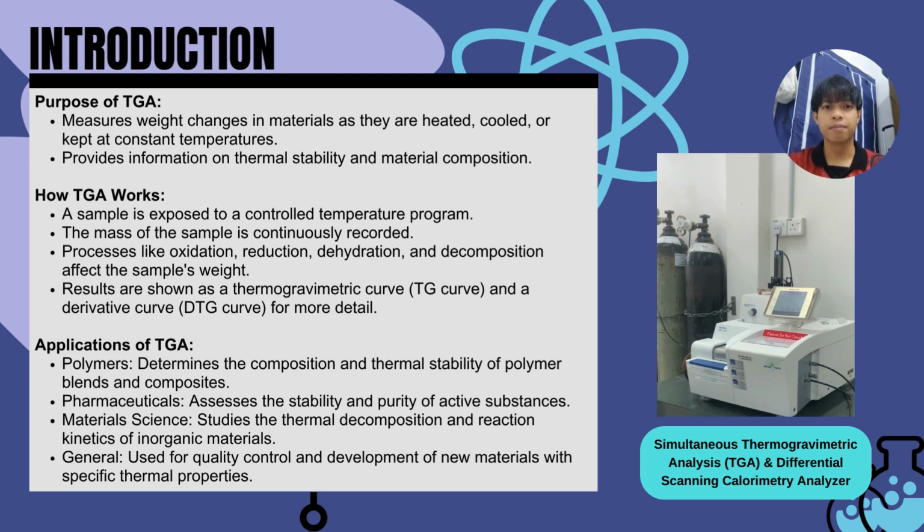In the pharmaceutical field, it is used to assess the stability and purity of active substances. In material science, TGA studies the thermal decomposition and reaction kinetics of inorganic materials. Overall, TGA is essential for quality control and the development of new materials with specific thermal properties.